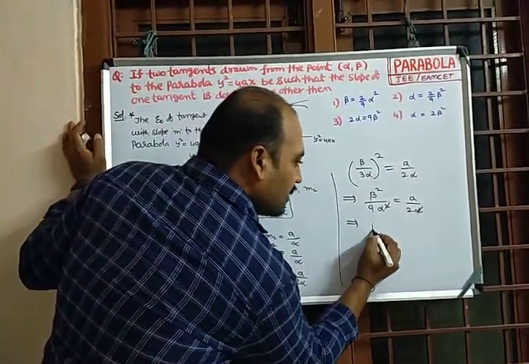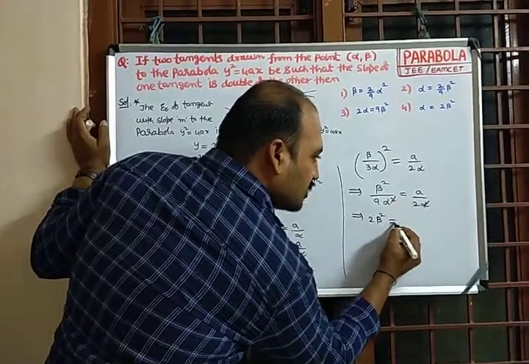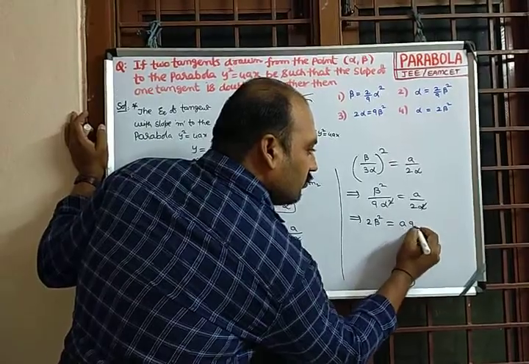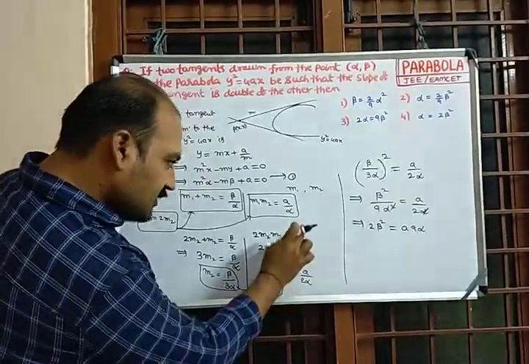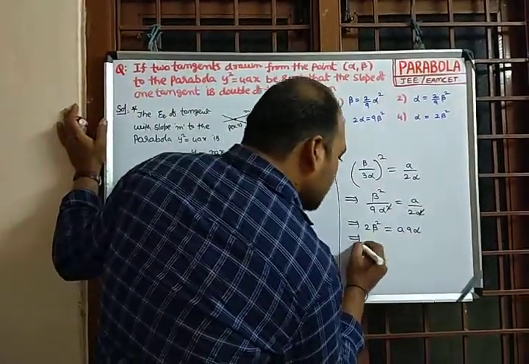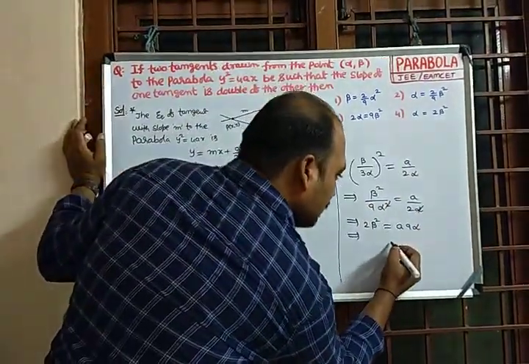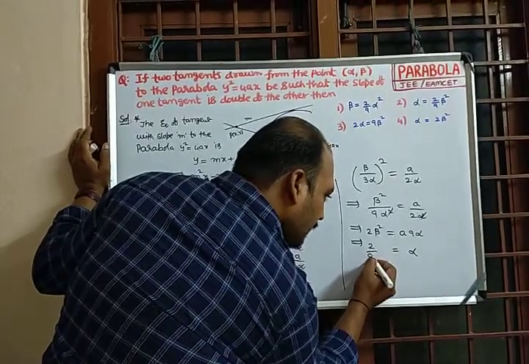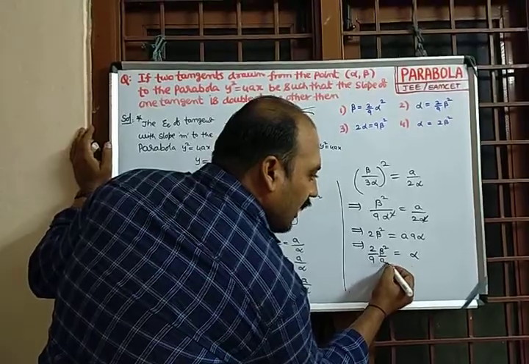So beta square into 2 cross multiply: 2 beta square equal to a into 9 alpha. Sorry, this is a by alpha, a by 2 alpha. From this, if you make alpha the subject, alpha is 2 by 9 into beta square by a.